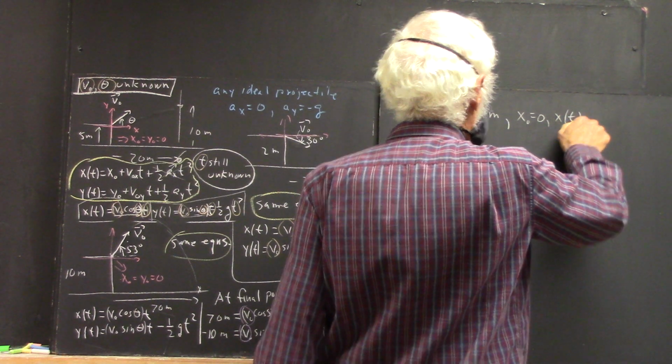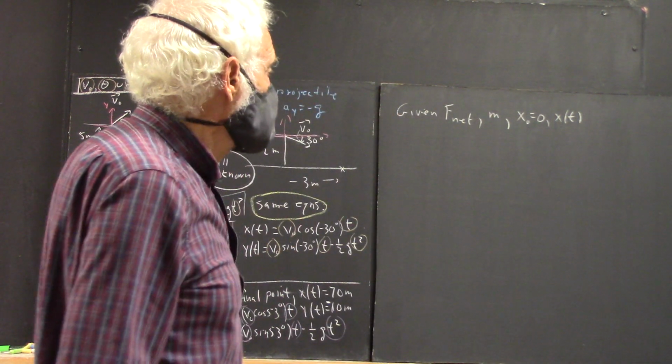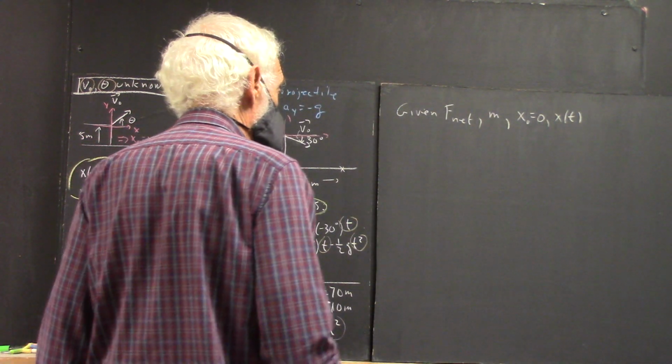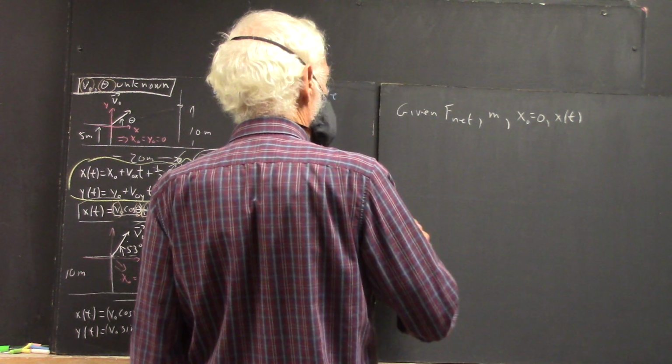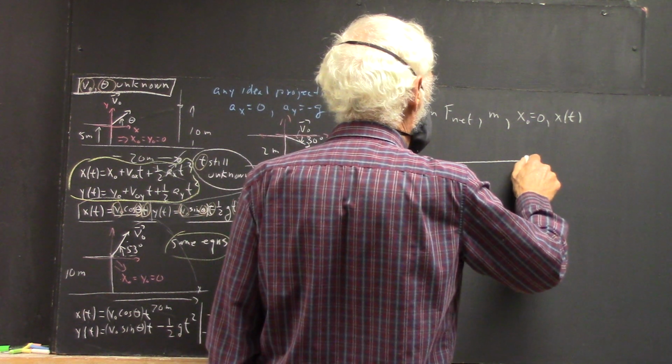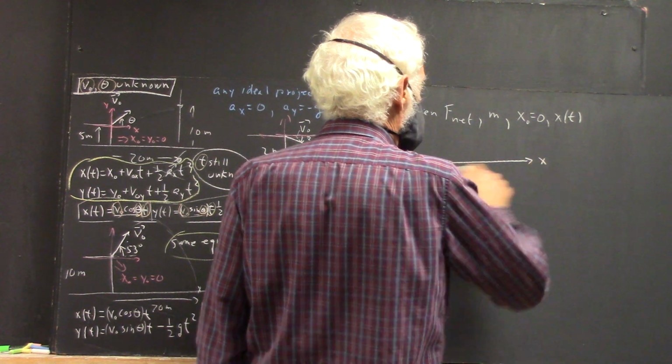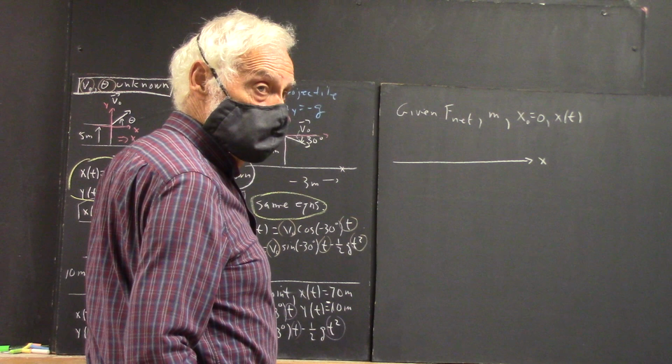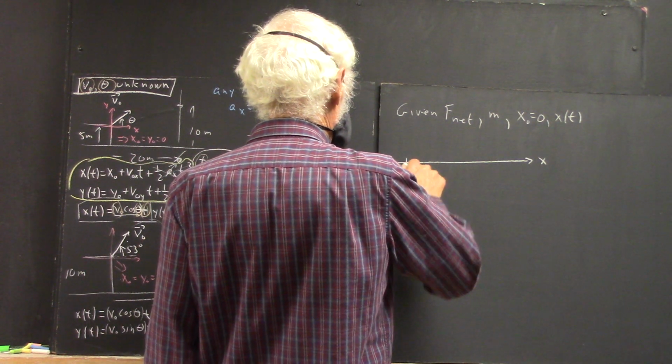I'm not sure I specified x not equals 0. And we're given x of t. Picture would be just one dimension. Okay, we start here.